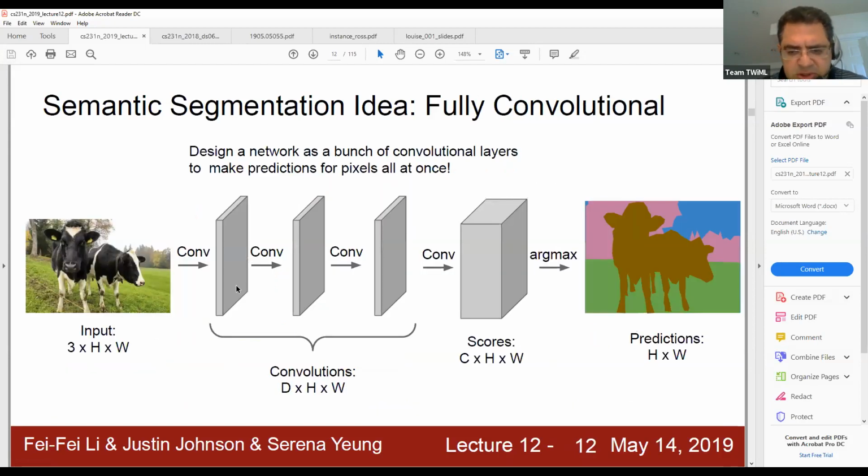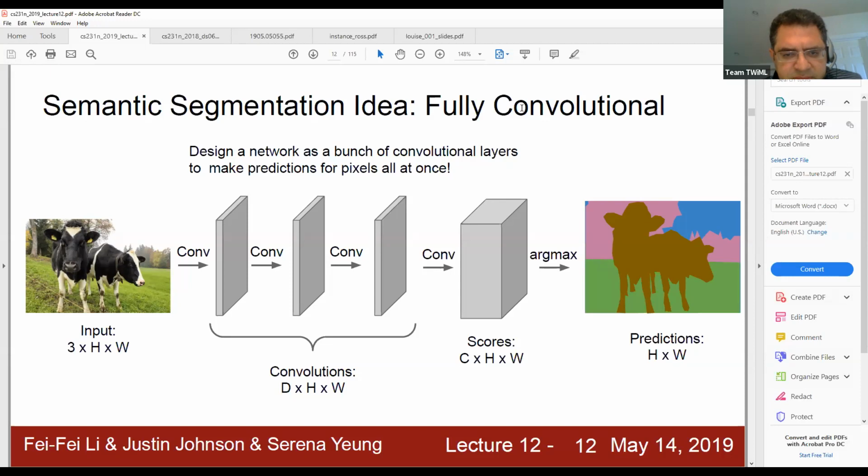So the next approach after that was, let's do a fully convolutional network. Basically we take the whole image and apply convolutions to it, and in the end make a decision to say whether a pixel is a cow or grass or whatever class it is. That's why you will see things like fully convolutional.